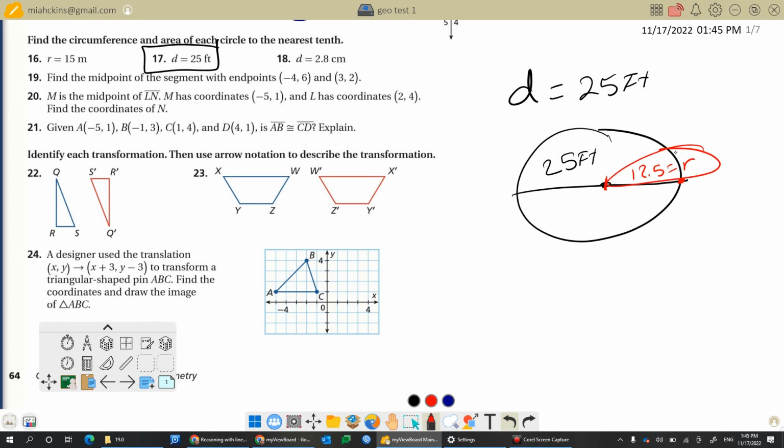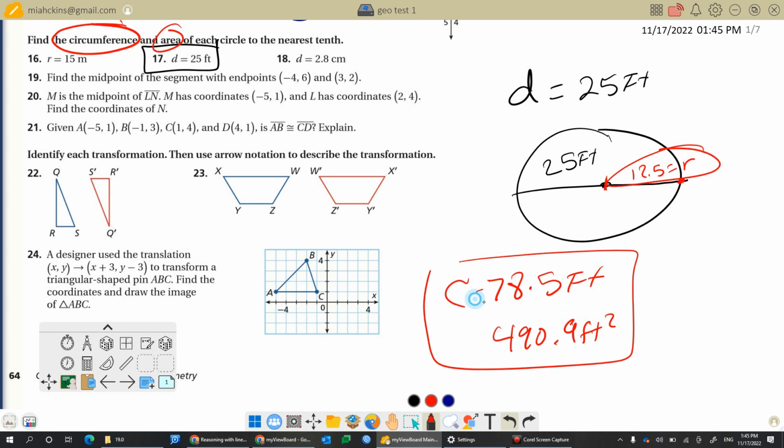And then once we have r, we run it just through our area and circumference formulas, just like we did last time, and we will end up with 78.5 feet for the circumference, and 490.9 feet squared for the area.